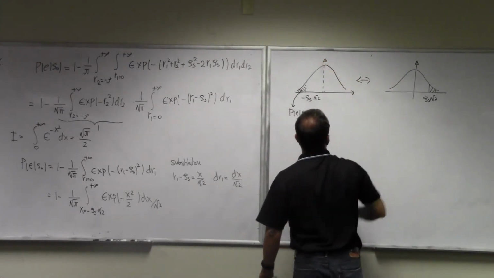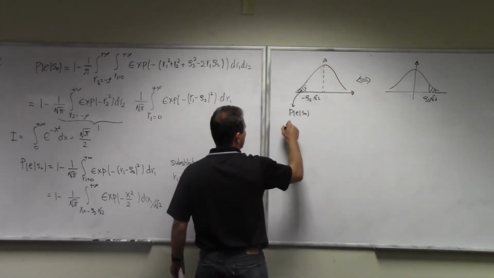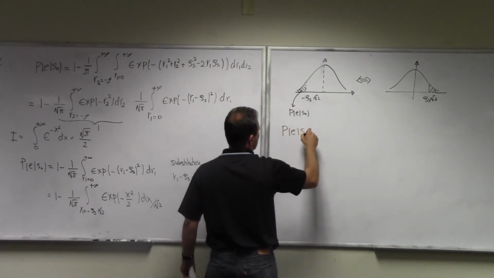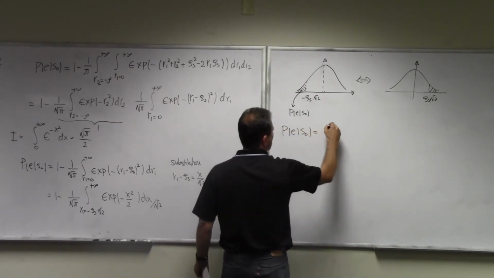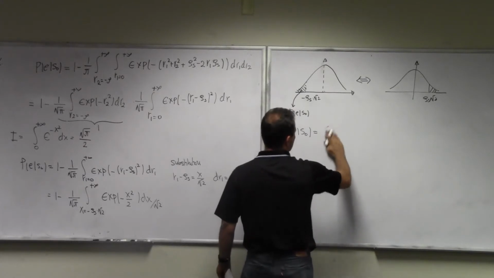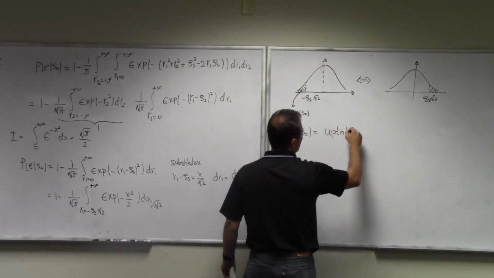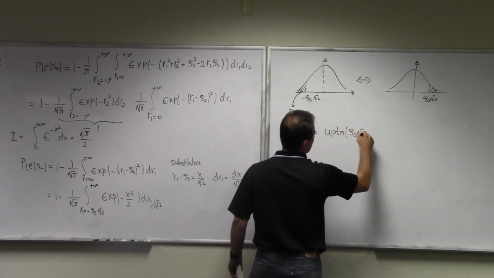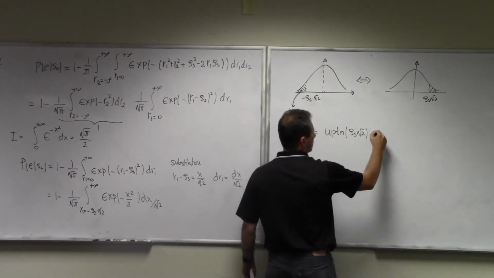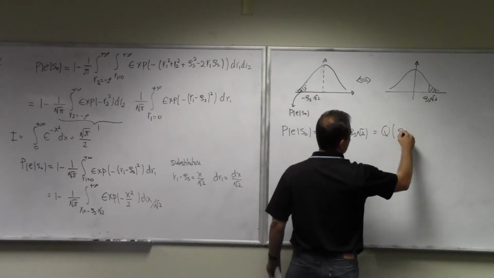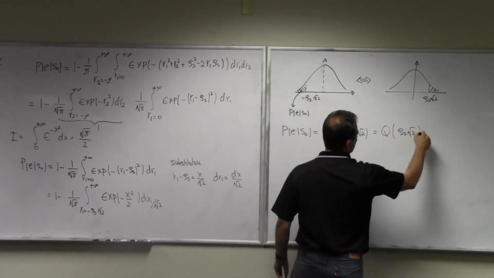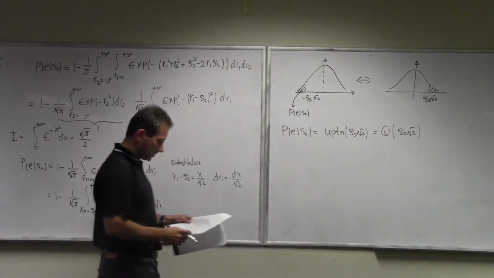So the probability of error given S0 becomes Q, or upper tail normal, of rho s square root of 2. So that's our final expression.